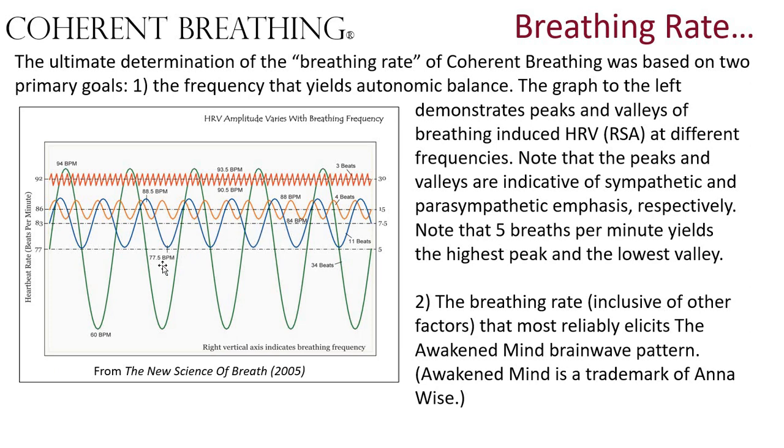The blue graph, that of 7.5 breaths per minute, bottoms out at 77.5 beats per minute. And then the green graph, that of 5 breaths per minute, bottoms out at 60 beats per minute. A 17.5 beat per minute difference between the valley while breathing at 7.5 breaths per minute versus 5.